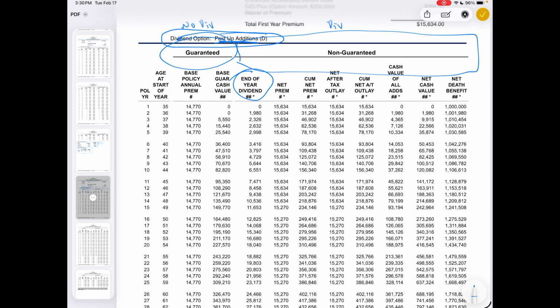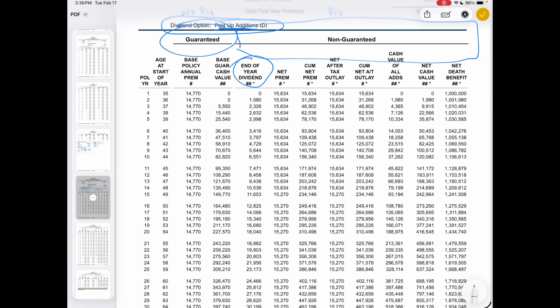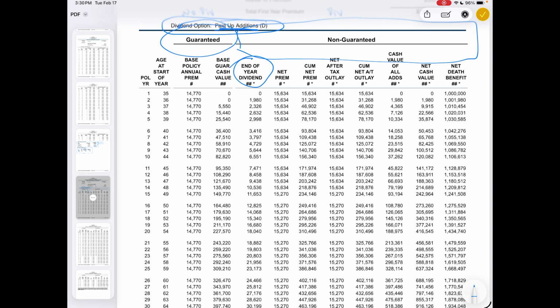In other words, you're gaining sort of a bigger and bigger stake in the company because you are a longer standing customer. When the dividend scale is assumed constant in all years, this will result in an ever increasing dividend payable on the policy. But if the dividend scale at the insurance company is reduced, that could result in a dividend payment that is not higher in the current year than the previous year's dividend payment.